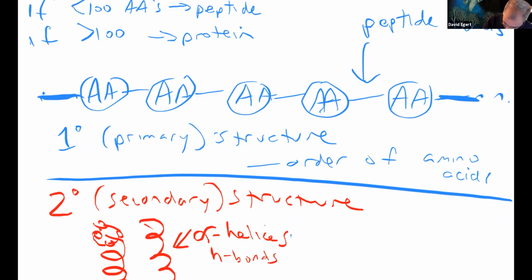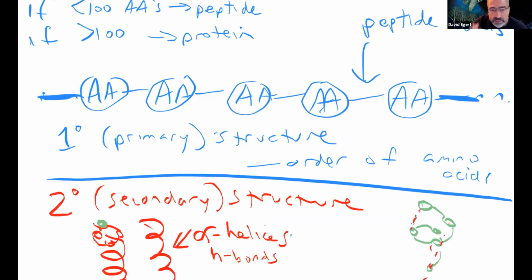If I'm going to draw this better, it's like 1, 2, 3. So every third one starts making these hydrogen bonds.